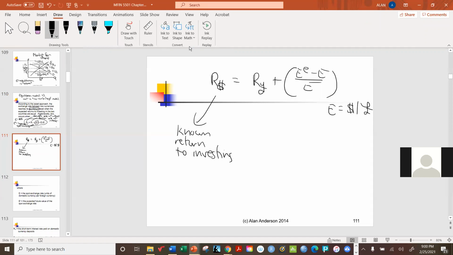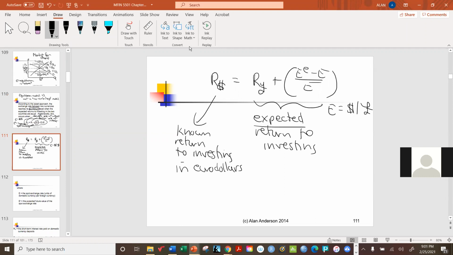All right, so on the left-hand side, we have the known return to investing in dollars, specifically euro dollars, assuming that we are American investors. Now, what's going on over here? Well, we're going to see why in a minute, but the right-hand side is what we're going to call the expected return, keyword being expected, to investing in euro sterling.